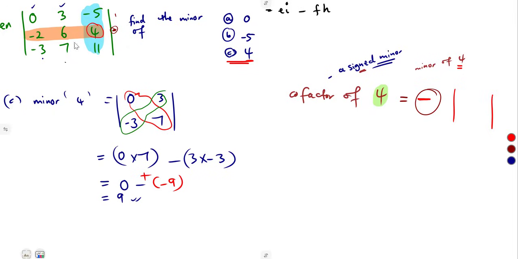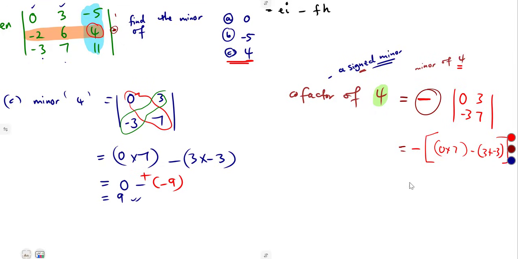Remember how we determined the minor in our previous class by closing the row and the column where that element is. So you're going back to this stage: 0, 3, minus 3, 7. You calculate your minor and your determinant as before, but knowing that there is a negative sign to affect your answer. 0 times 7 minus 3 times what?